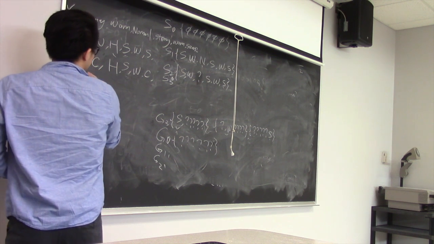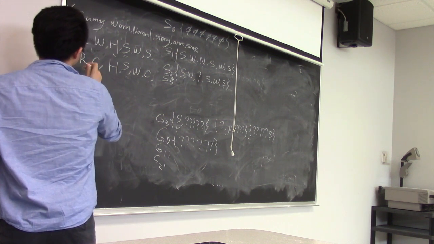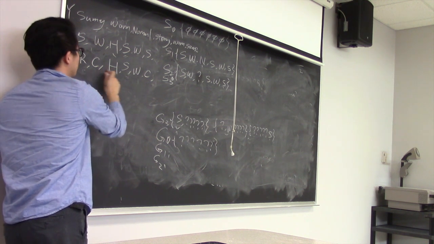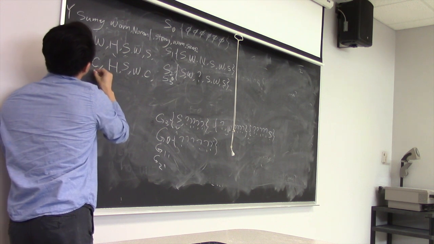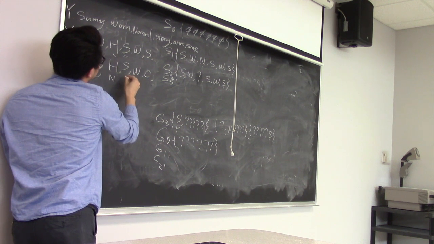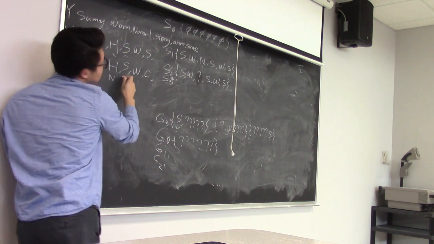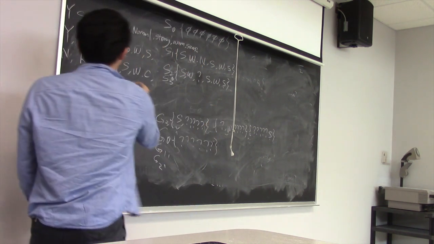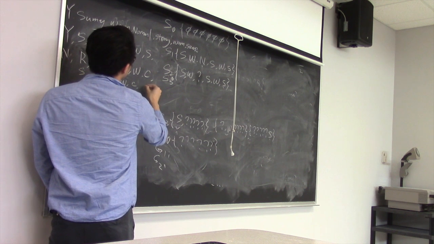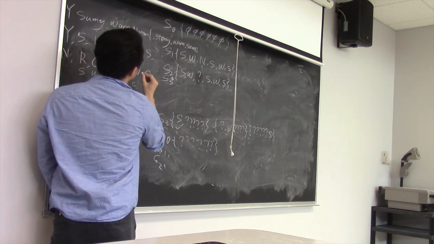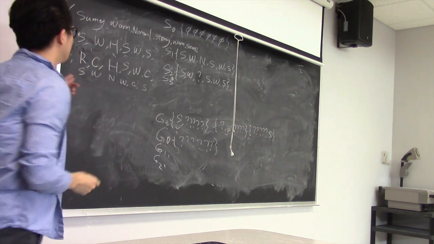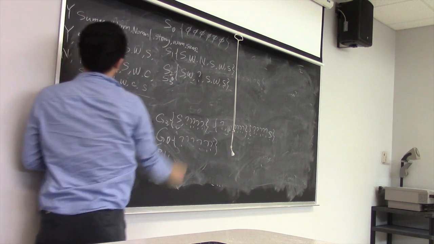So we can take a reverse for this one. So there will be S, W, N, strong, what's the other? Weak, warm, cold, and change. Yeah, so here you compare with this one.